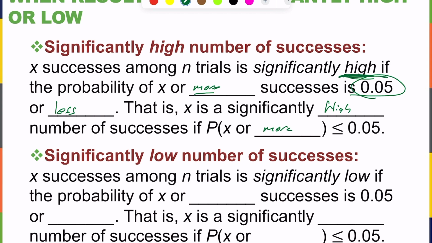So x successes among n trials is significantly low if the probability of x or fewer successes is 0.05 or less. It's a small probability.